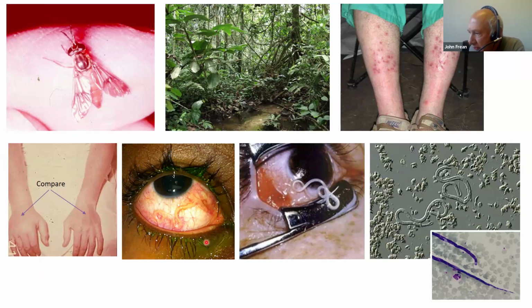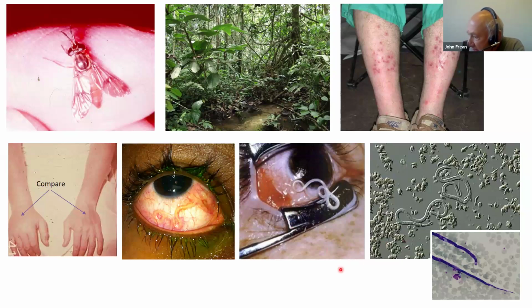The other classical presentation is the worm moving across the surface of the eye under the conjunctiva when it can be removed, as you see there.